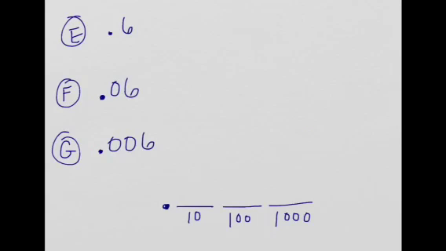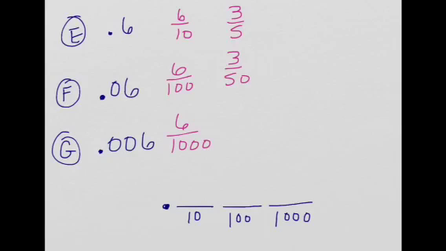Now for a decimal that's not repeating, it's pretty easy. 6/10 can be simplified to 3/5. 6/100ths can be written as 6/100, and that is going to simplify to 3/50. 6/1,000ths is written as 6/1,000, which simplifies to 3/500.